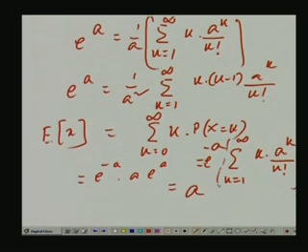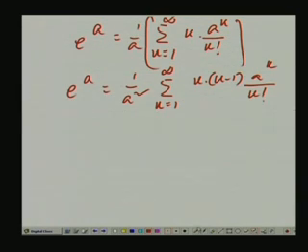So, expected value of x here is a, okay. And now, we go to the other one, what is the expected value of x square. Okay. Instead of moving to the next page, I erase this part here. Okay. So, what is the expected value of x squared now?